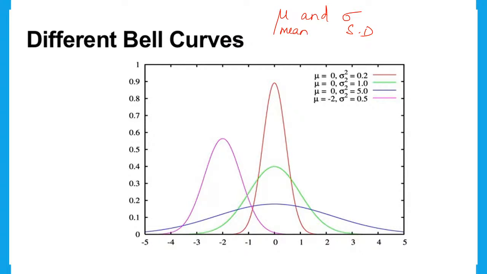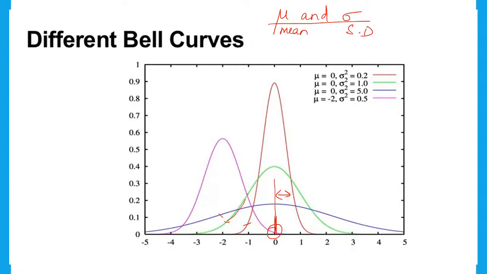And why are these two the main parameters? These two values decide the nature of the curve. So here you can see this curve and this curve and this curve, they have mu equal to 0, that is the center point. And if sigma decreases, sigma being the standard deviation, then the curve will be more peaked.